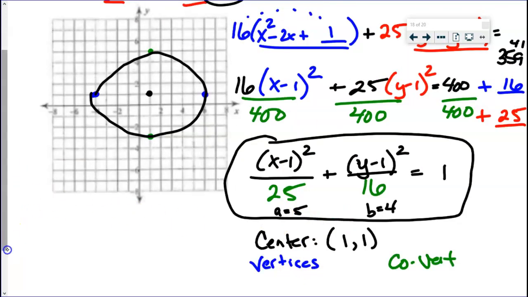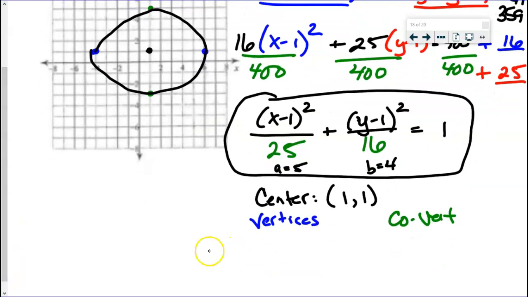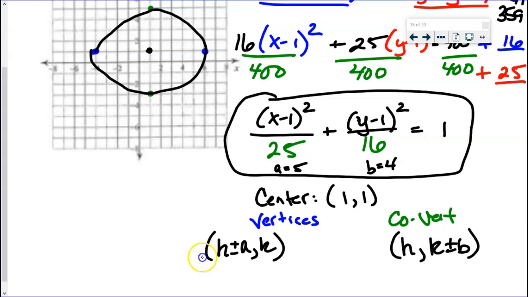Our vertices. The formula for the major axis vertices on a horizontal ellipse is h plus and minus a, comma k. And for co-vertices, that would be at h comma k plus and minus b. I already plotted them, so this shouldn't be a big mystery.